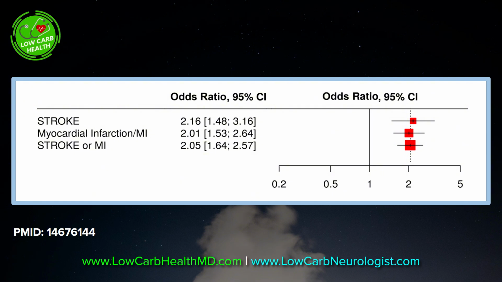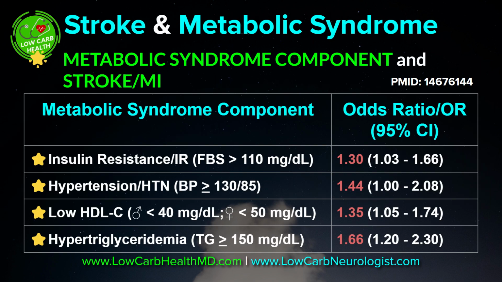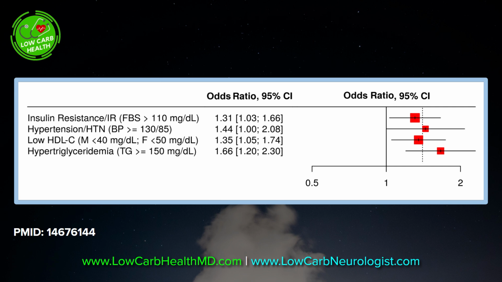So if you have metabolic syndrome, you have at least 2 times higher chances of developing stroke or MI. These are individual components of the metabolic syndrome, so each component is even able to increase the likelihood of having stroke by itself alone. These are the forest plots of those ratios.